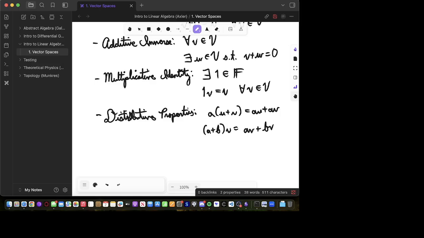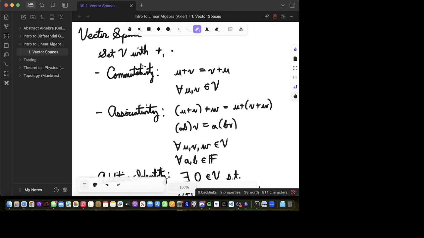They're very similar to distributive properties that you're probably familiar with from high school or even before, for all a, b in the field and all u, v in the vector space.